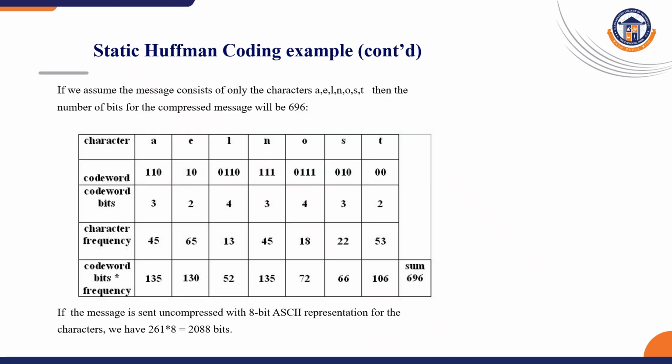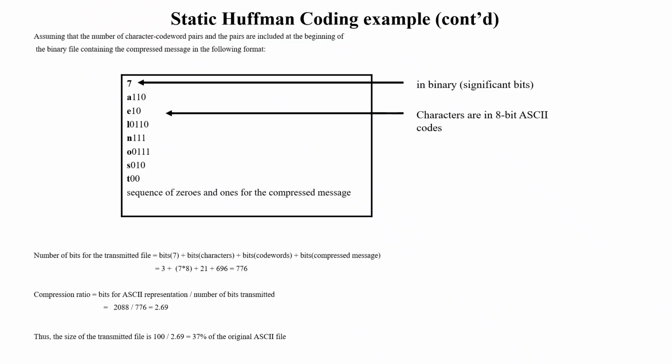So the final code bits and frequencies are given here. That is, the sum of the code word bits is 696. This is the final outcome of this static Huffman coding, in binary significant bits, whereas the characters are in 8-bit ASCII codes.